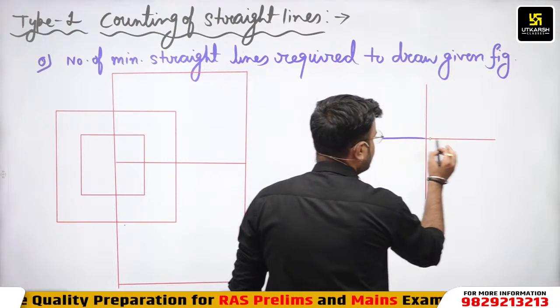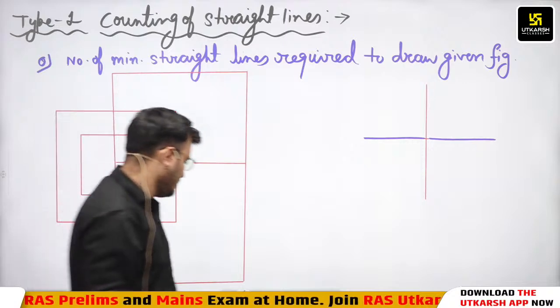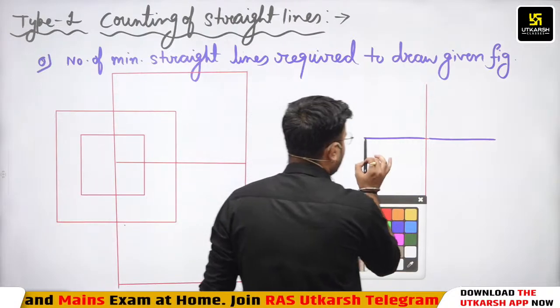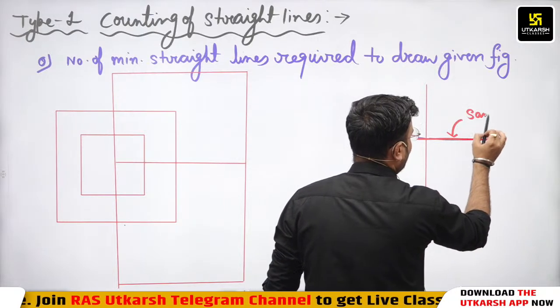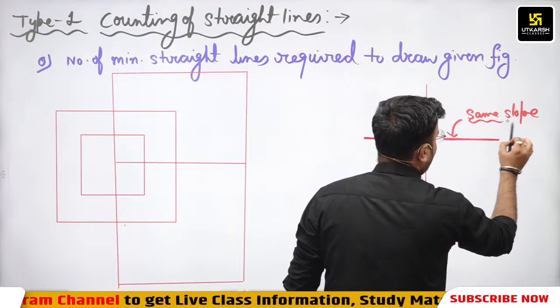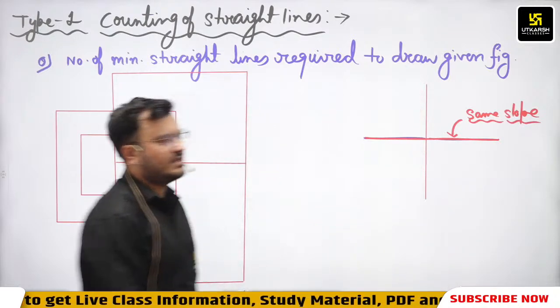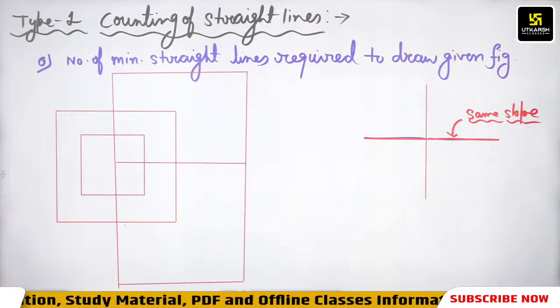This one and this one are not different straight lines, because this straight line has the same slope. And if straight lines have the same slope, they will be considered as a single straight line, not different straight lines.